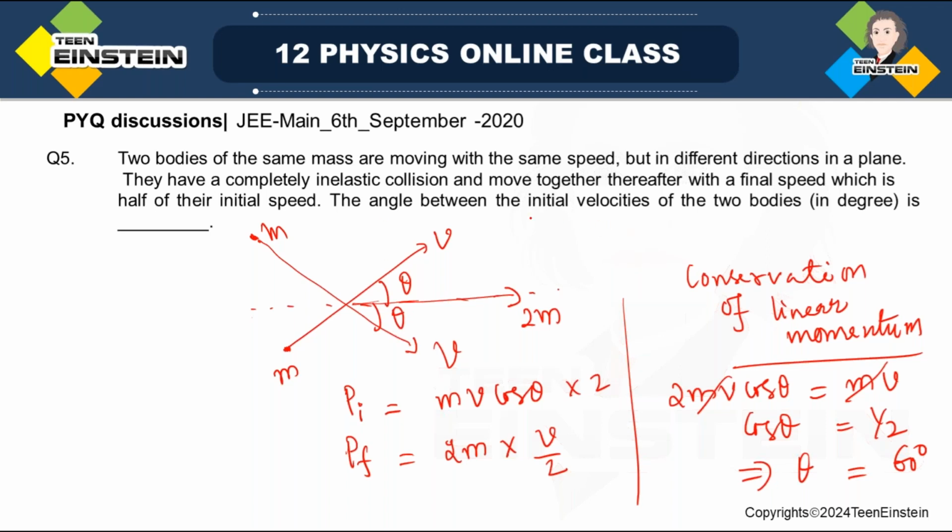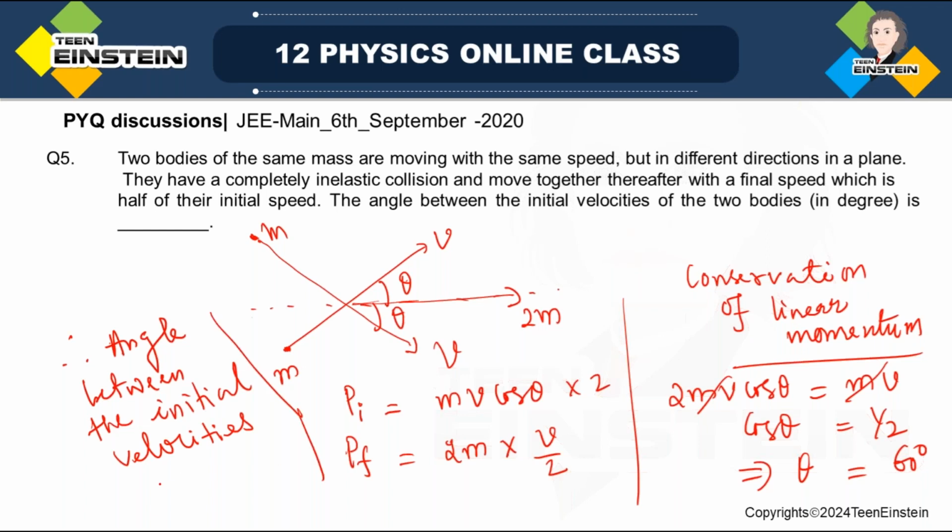So what will be the angle between the initial velocities? Therefore the angle between the initial velocities is 2 theta, which is 120 degree. So this is the answer for this question, 120 degree.